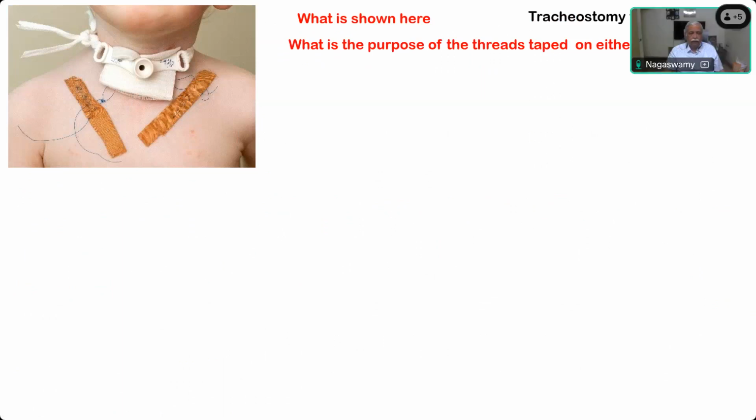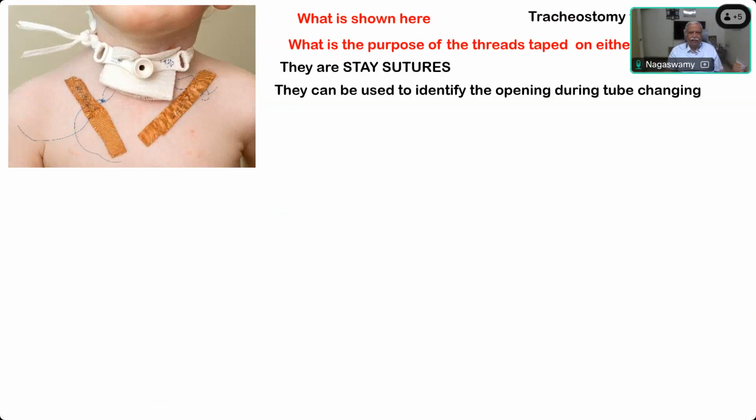They work like a purse string suture and tighten the tube. This is called stay sutures. Very good. And they can be used to identify the opening during tube removal and reinsertion. And they are useful to close the hole after decannulation. So they will simply tighten that and close the skin wound by using these so-called stay sutures.